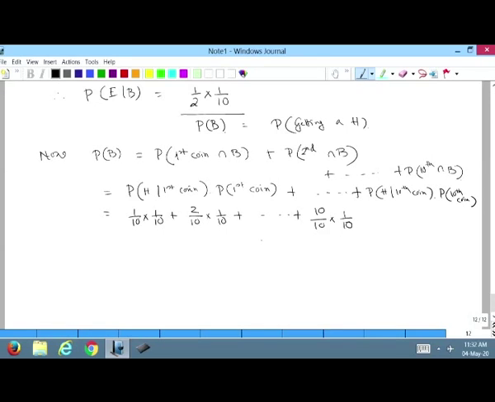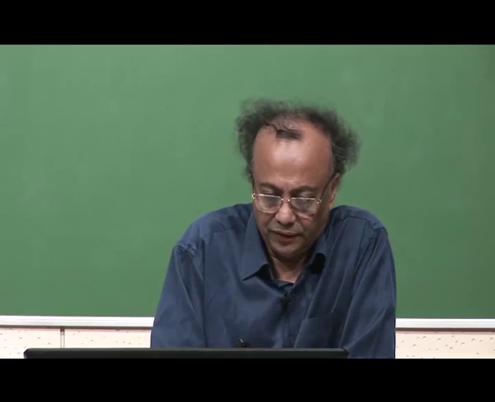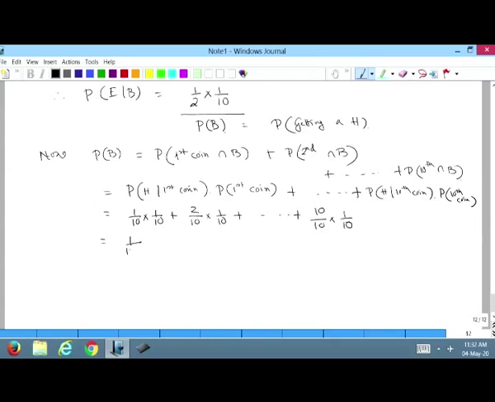This is because the probability of head for the ith coin is i by 10. This is equal to 1 by 100 into 1 plus 2 plus up to 10, which is equal to 1 by 100 into 10 into 11 by 2, which is equal to 11 upon 20.